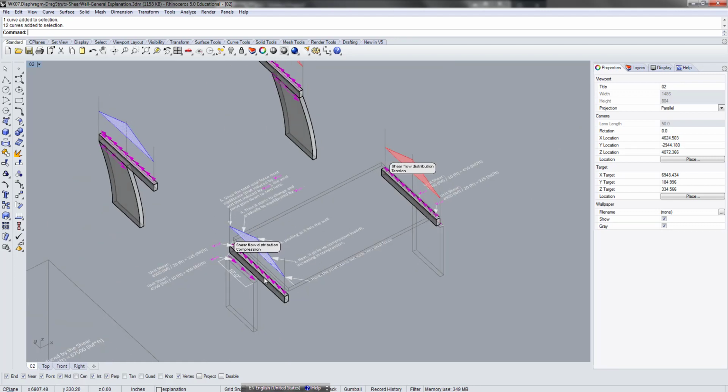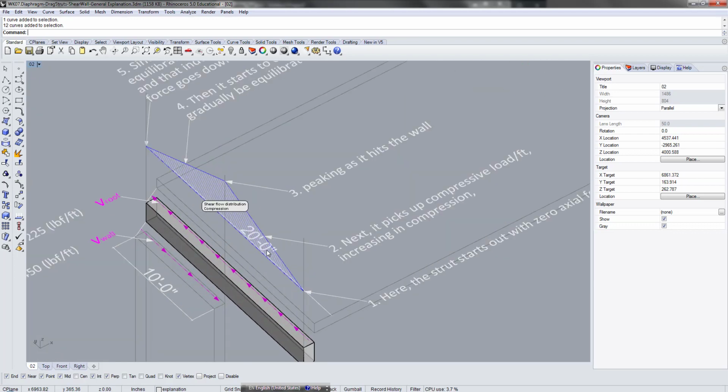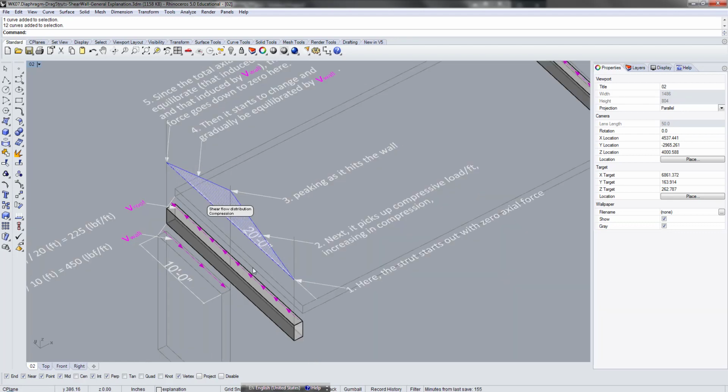I'll show you how to draw this maybe today, but anyway, you kind of get the picture, right? This linear shear accumulates and then decreases, but it's always compressive force.